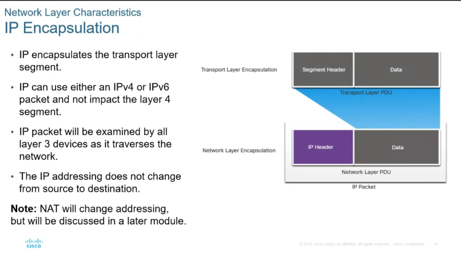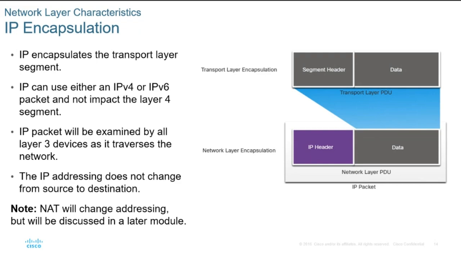So makikita dito sa ating figure how the transport layer PDU is encapsulated by the network layer PDU to create the IP packet. It can use either an IPv4 or IPv6 packet and not impact the layer 4 segment.